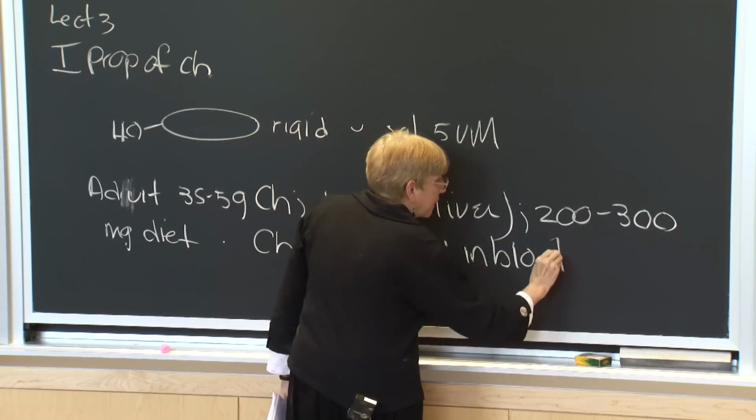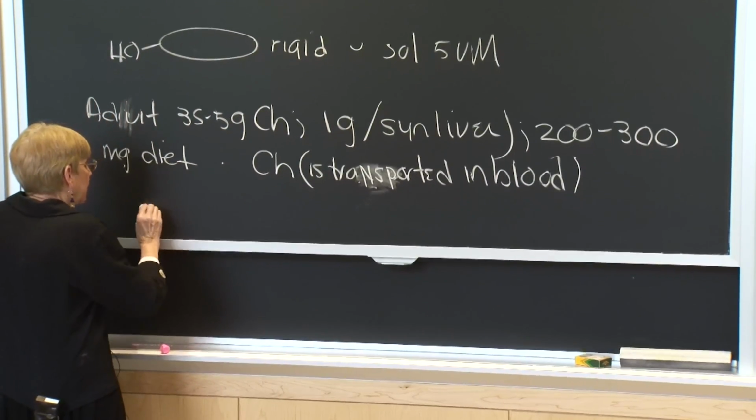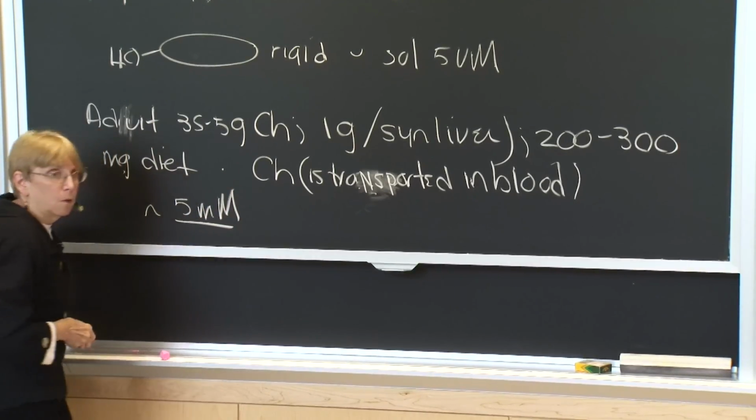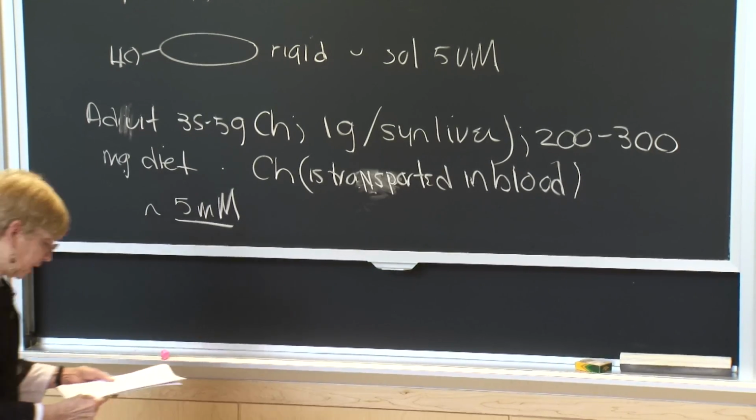And we know something about the amounts. And if you do a calculation, that says that you would have 5 millimolar cholesterol. Okay, so that's impossible. The number is squishy, but it's impossible. So you have this insoluble mess. So the question is, how do you deal with it? Okay, and so that's what we need to think about.